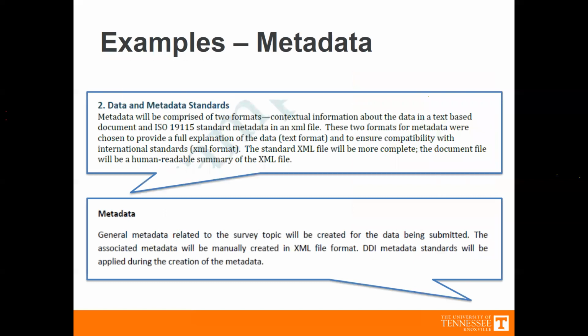Here are some examples from DMPs that talked about the metadata. The first example is from the geographic sciences, maybe geography or geology, but it uses a metadata standard called ISO 19115, which I know is a geographic metadata standard.